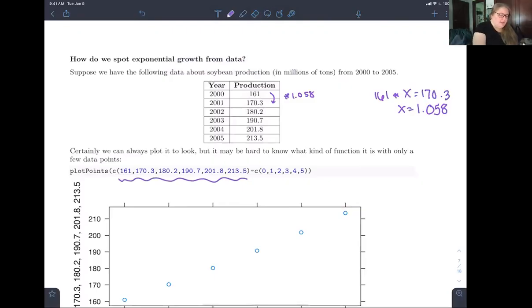Just so we can get a look at that data, you'll see a plot points command here, where I have my Y values, or my production values, in the front and my years in the back. What you might notice is that I only took the last digit, right? So you can think about the X values here as years since 2000. So 0 would be actually 2000, 1 would be 2001, same thing from there.